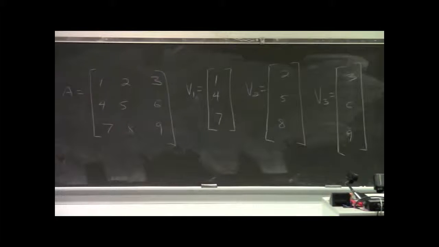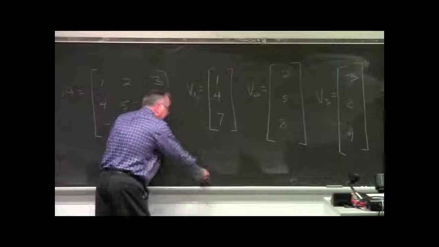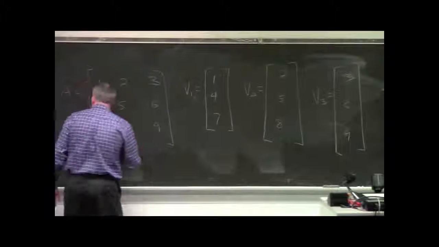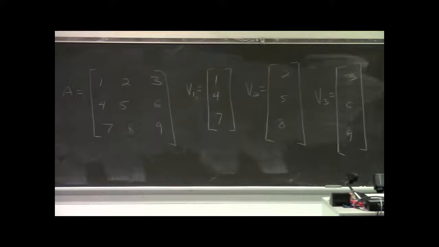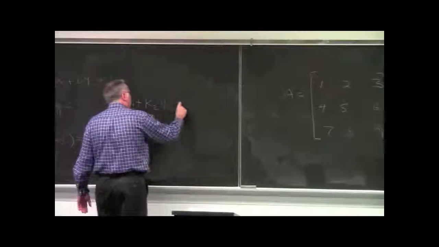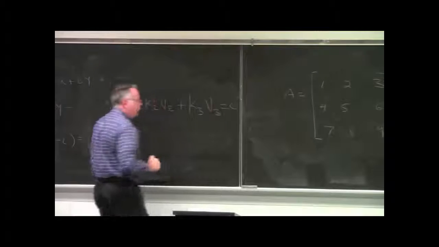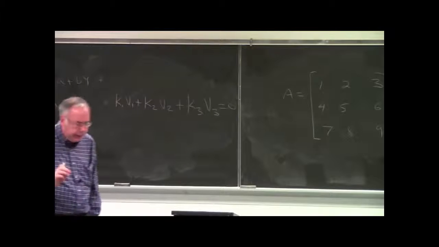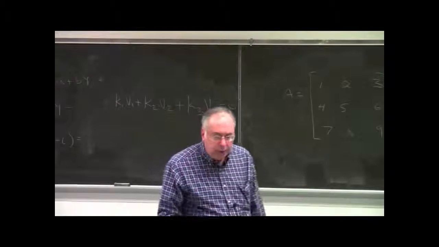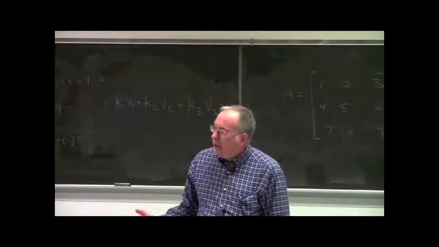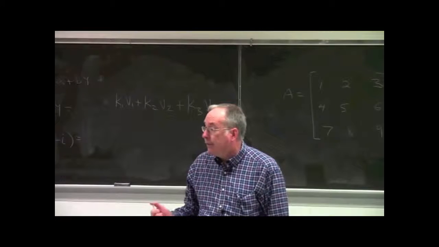Now these 3 vectors are linearly dependent if and only if, given our latest definition, you could write K1 V1 plus K2 V2 plus K3 V3 equals 0, and you can find values for K1, K2, and K3 that make this true, where K1, K2, K3 are not all 0.